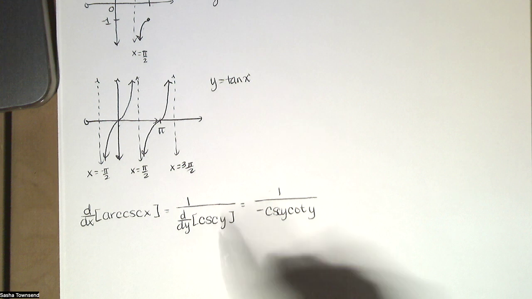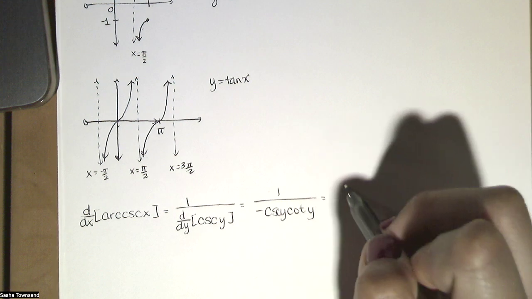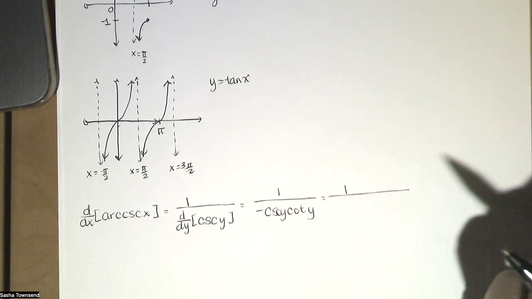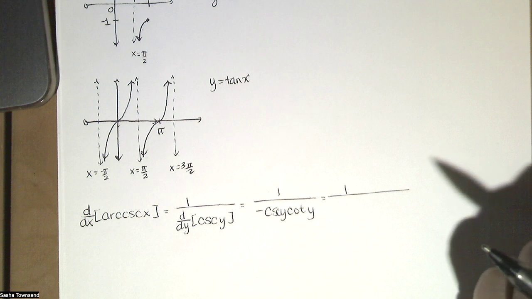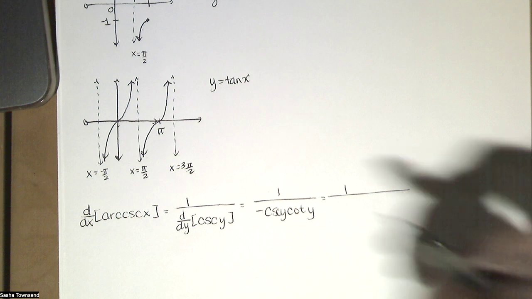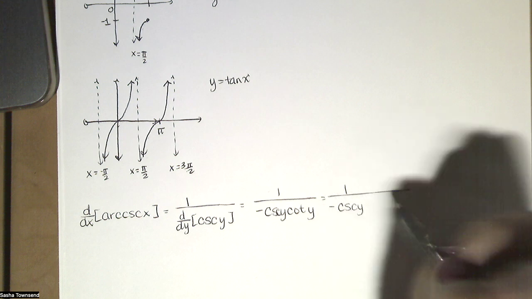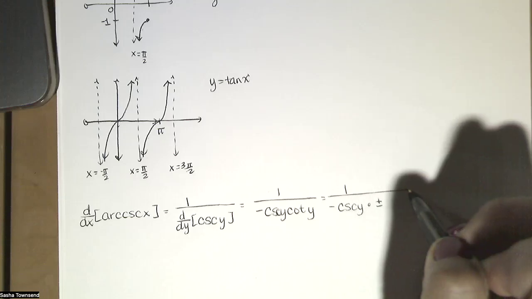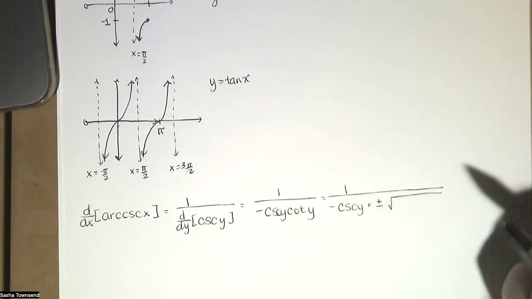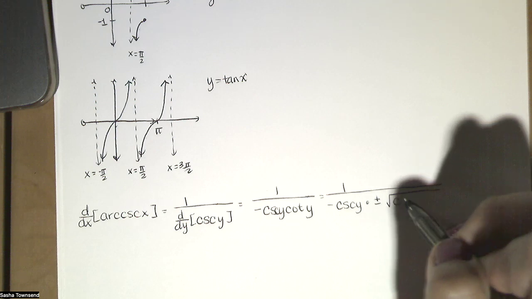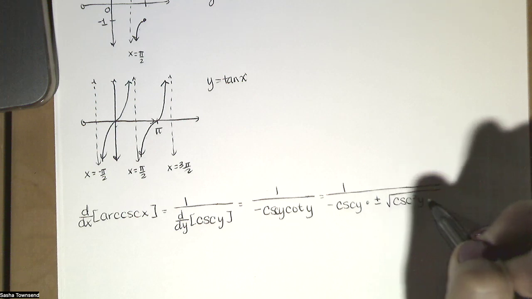And we want everything in terms of cosecant of y. Cotangent of y is actually, well, we know 1 plus cotangent squared equals cosecant squared. So this is going to be negative cosecant of y times plus or minus the square root of cosecant squared y minus 1.